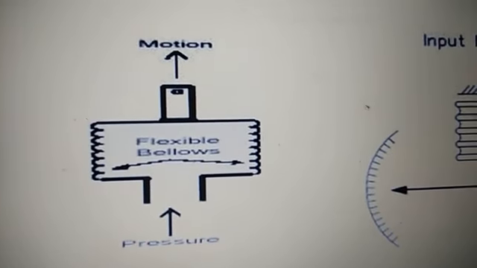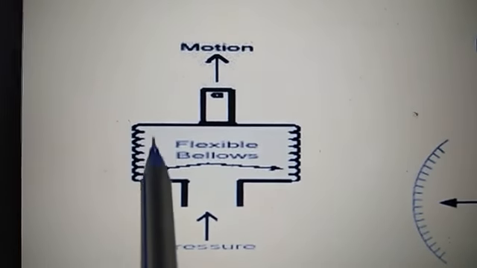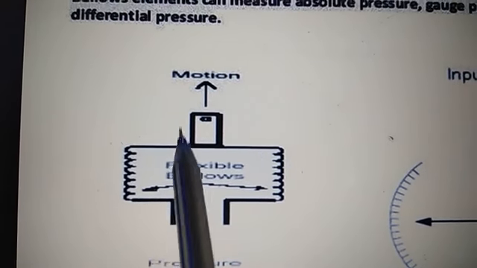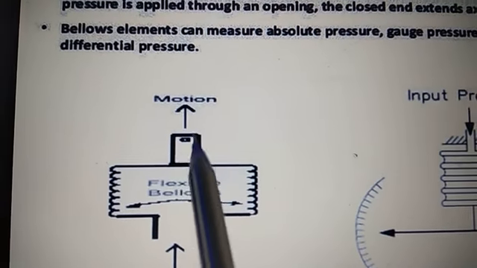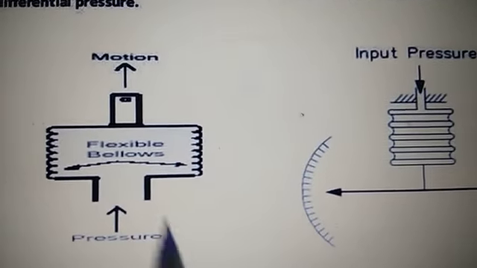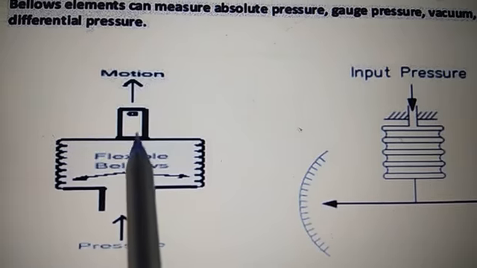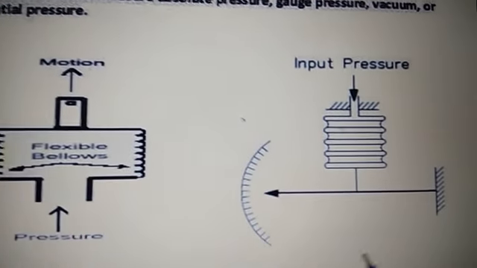This is the diagram of the bellows. These are the flexible bellows. Due to applied pressure here, the bellows expands, and due to this expansion there will be motion. There may be a small rod or axle type that will move.